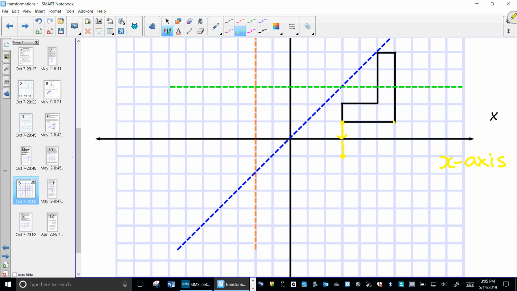I can see that that's also 1 square away, so my image point is going to be here. No, they shouldn't. This one here, we're counting 1, 2 squares away. So we're going to count 1, 2 squares, so that's going to be down here. So here's our shape so far.